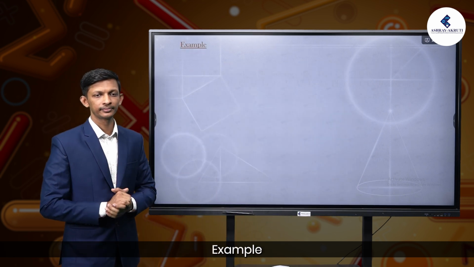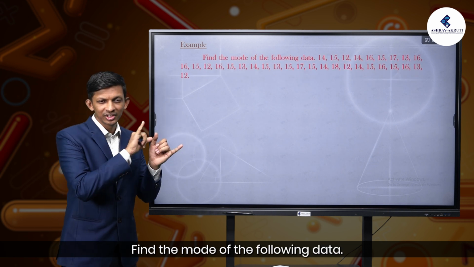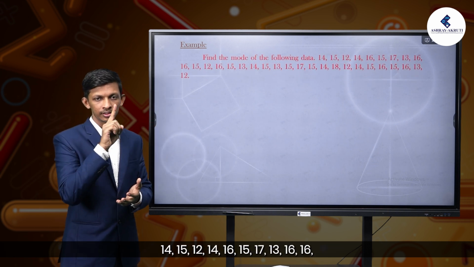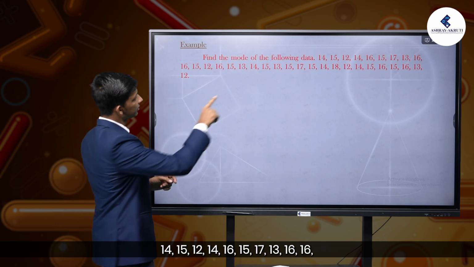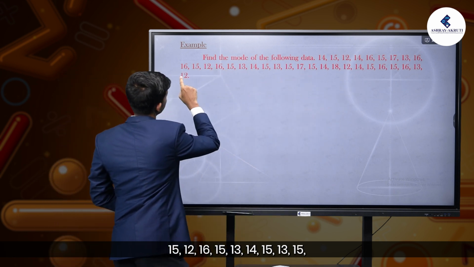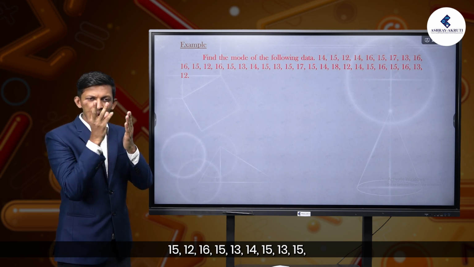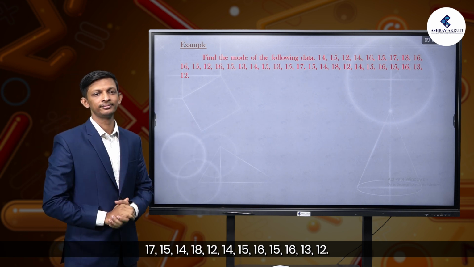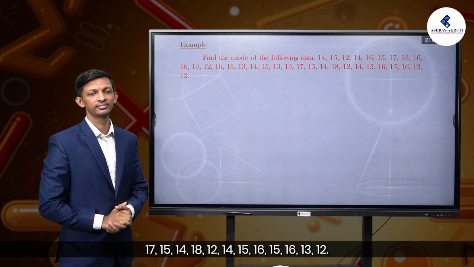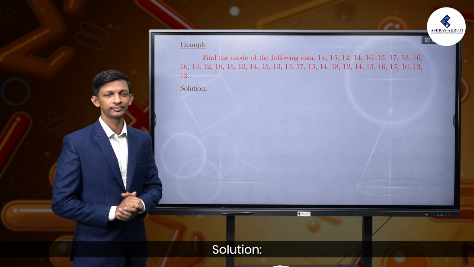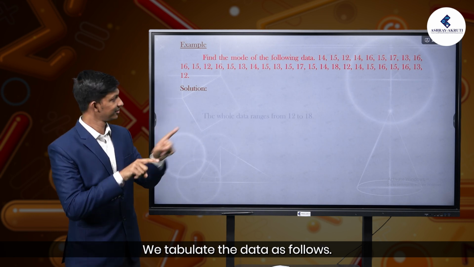Example: find the mode of the following data: 14, 15, 12, 14, 16, 15, 17, 13, 16, 16, 15, 12, 16, 15, 13, 14, 15, 13, 15, 17, 15, 14, 18, 12, 14, 15, 16, 15, 16, 13 and 12. Solution: we tabulate the data as follows.